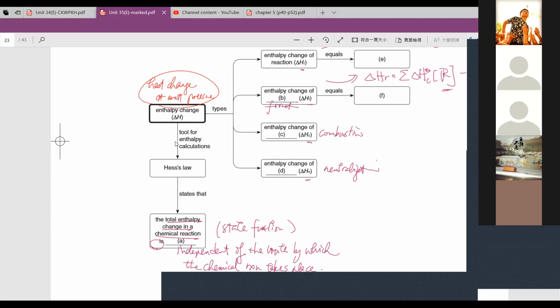You are going to apply Hess's law in this chapter to relate some enthalpy terms which we cannot determine directly. What I mean by directly is by experiments. Not all enthalpy terms can be determined through experiments. So this is where we stopped.